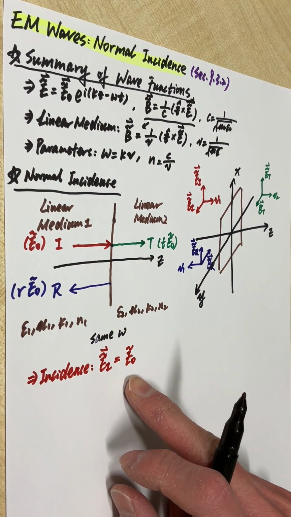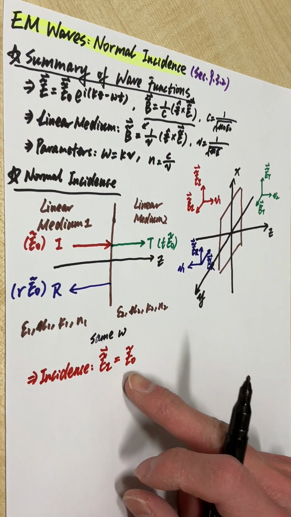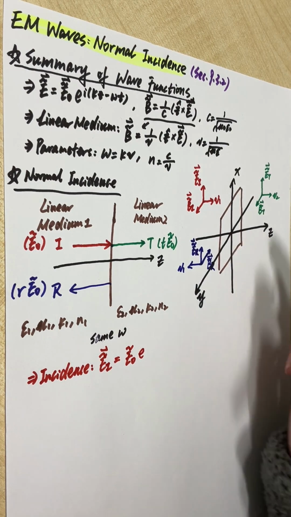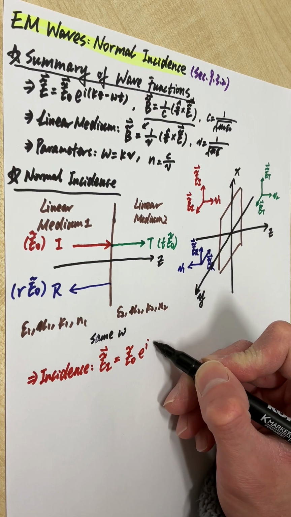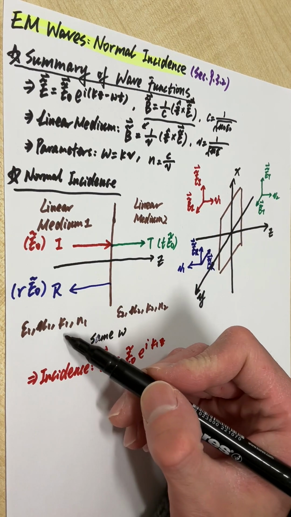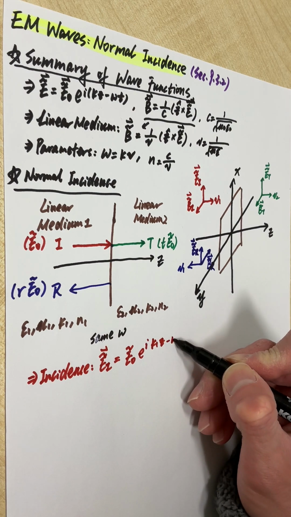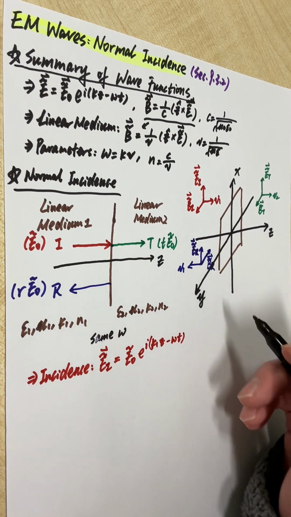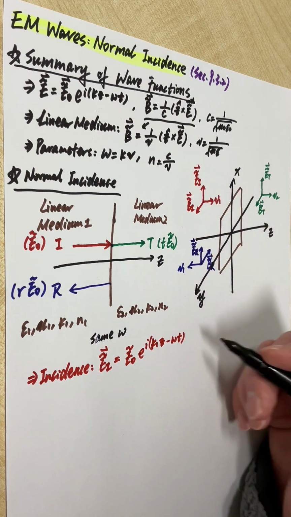We generated the light and put it there, so this is what we know. It propagates in the Z direction, so I have i kappa 1 Z minus omega T on the exponent, and the polarization is in the X direction.